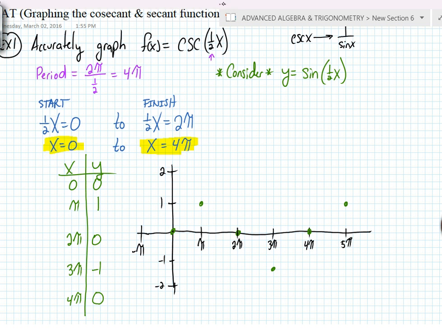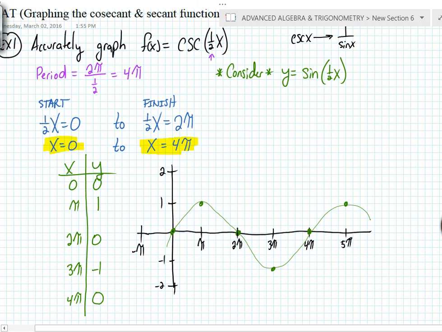Now obviously I can't draw lightly, so I'm going to go to a finer tip pen, and I'll have to erase this later on. Generally speaking, it doesn't have to be pretty because I'm going to erase the darn thing anyways. Generally speaking, we know that the sine of 1/2 x will look like that green curve there. But that is not our actual graph.